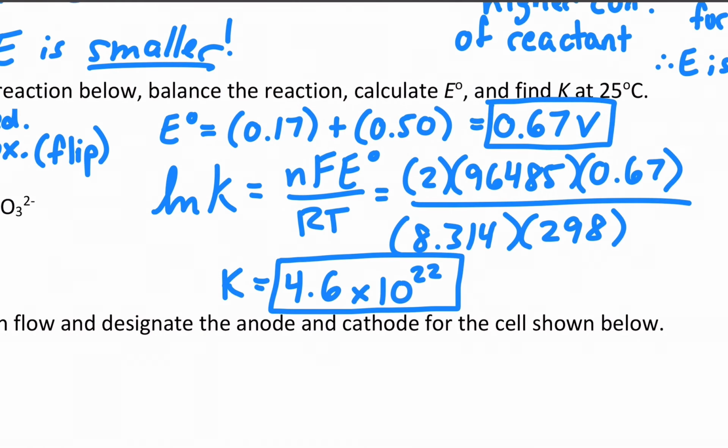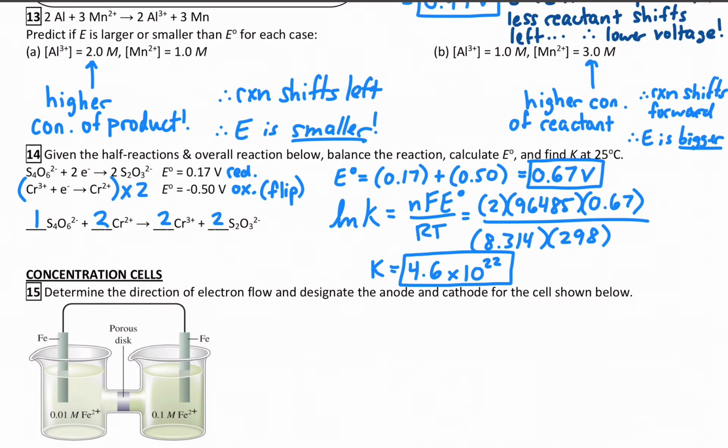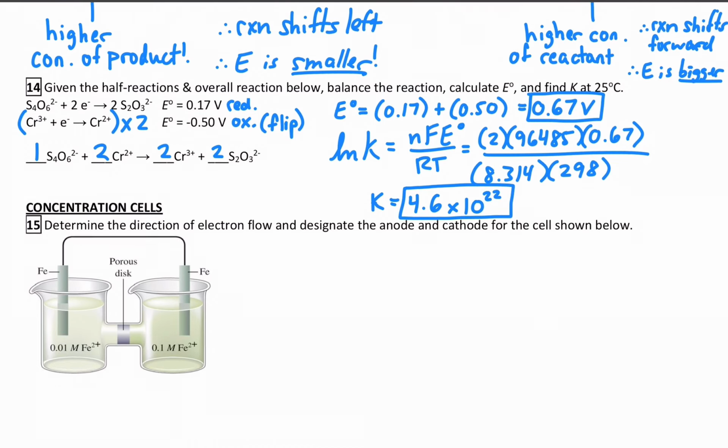Which also is consistent with the other things we've seen, a positive voltage and likely a negative delta G. Aha, we're going to have a large value of K, again showing that the reaction is going forward. It is favorable of the products, as it's product heavy at equilibrium, we should say.